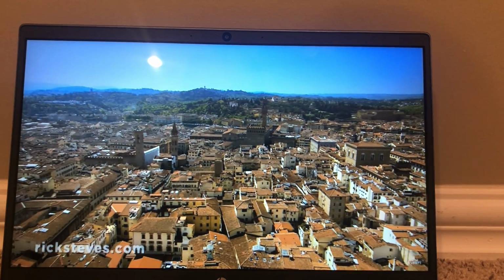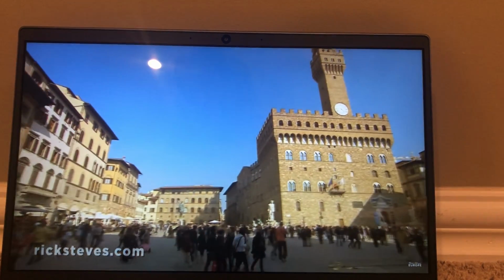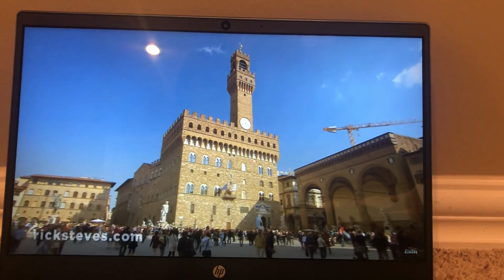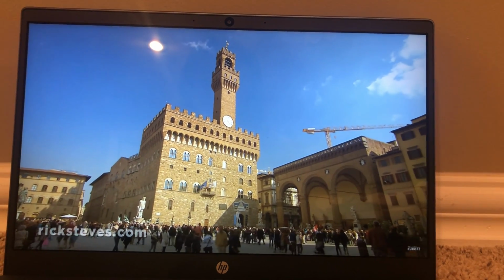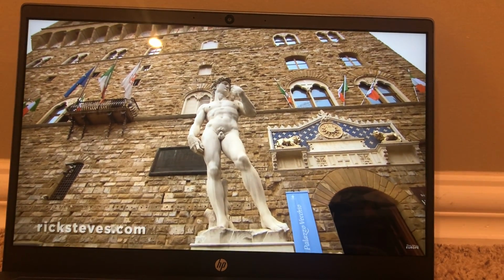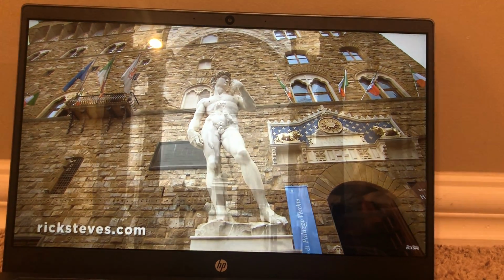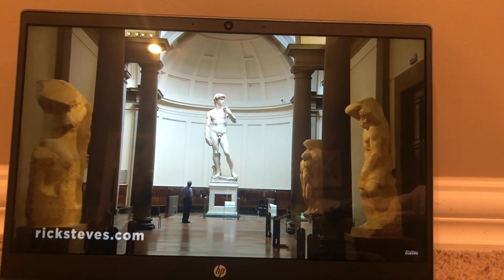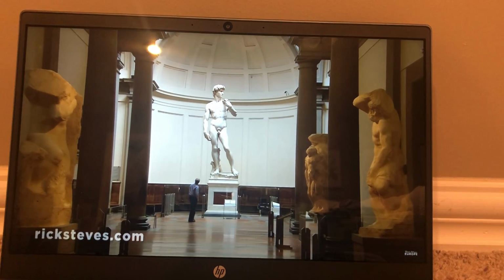Florence was long an economic powerhouse. Rather than its church, it's the city hall, once the palace of the Medici family that towers over the main square. Michelangelo's David originally stood here. This is a copy. The original David is the centerpiece of the nearby Accademia Gallery, which feels like a temple to humanism.